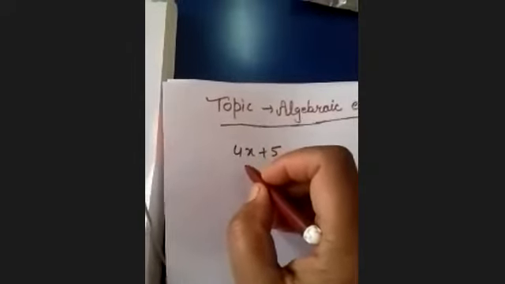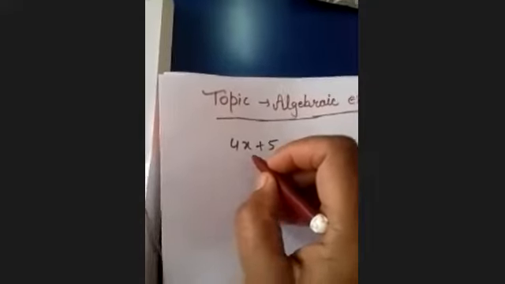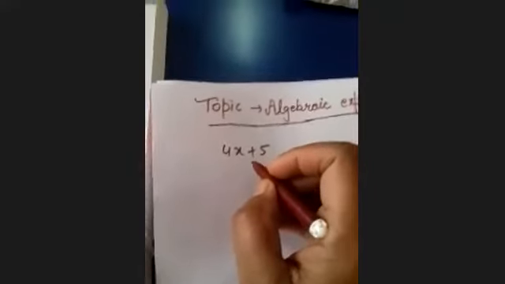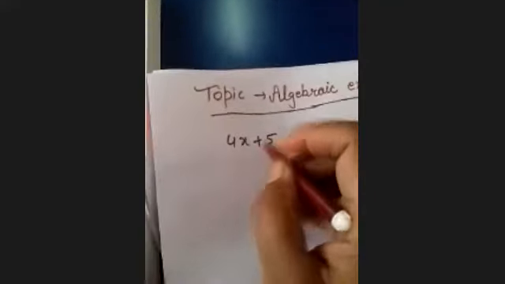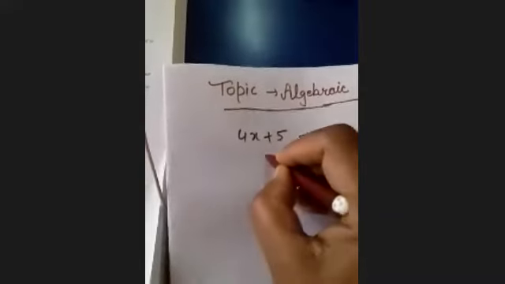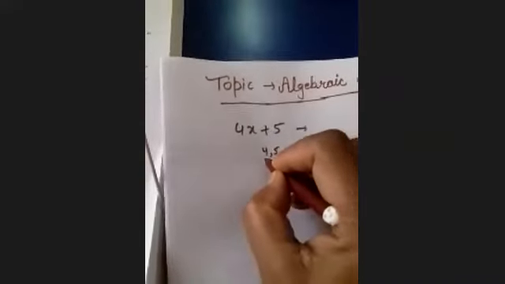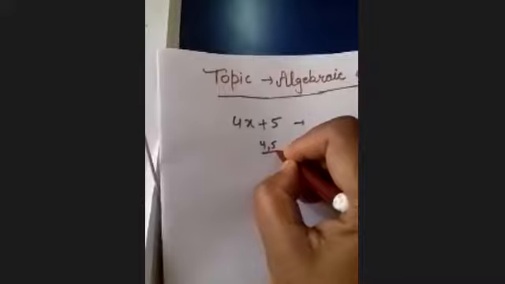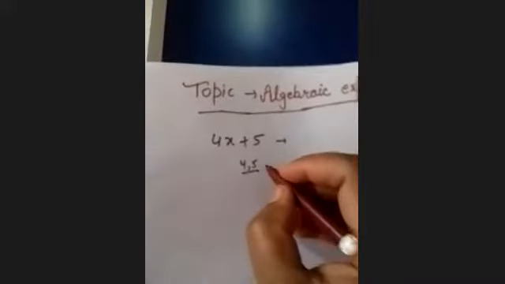Now we'll discuss what constants, variables, and operations are, by which these algebraic expressions are formed. In this expression, 4x plus 5, the numbers 4 and 5 are constants. Next, what are variables?